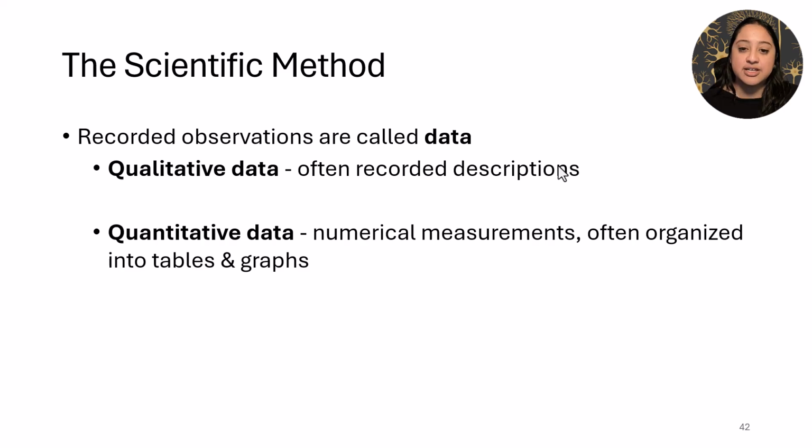Quantitative data describes numbers, so numerical measurements, such as the length of something, how many times something happened, the duration of something, the mass or the change in mass. Something that has to do with numbers is quantitative data. And we tend to show and organize these observations into tables and graphs.